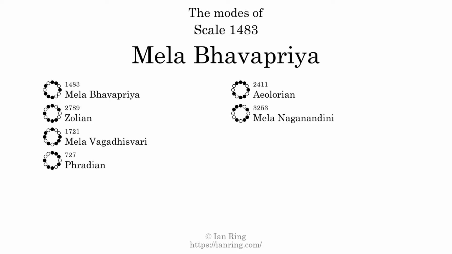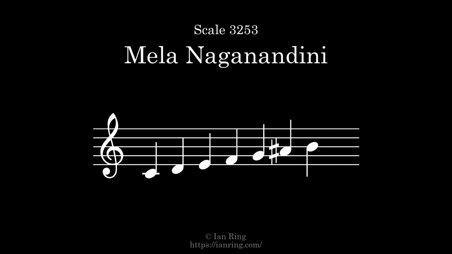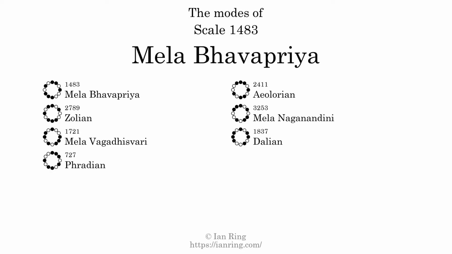The sixth mode is scale 3253, also known as Milanagandini. It sounds like this. The seventh and last mode is scale 1837, also known as Dalian. It sounds like this.